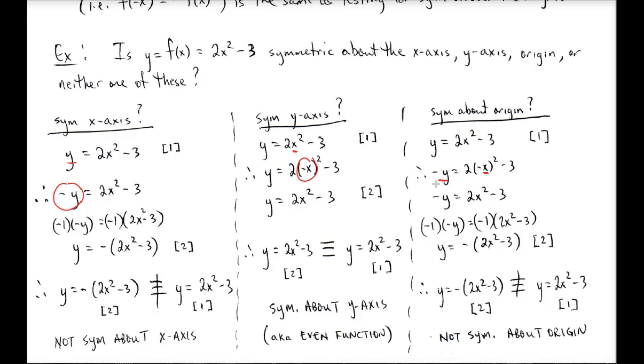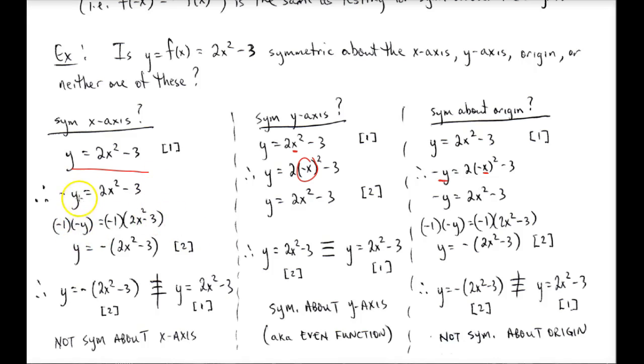And so in either case, our objective here is once we do that replacement or substitution, then what we want to do is solve for y to see if we get our original function back again. And of course, for this first one here, we see that our original function was just y equals 2x squared minus 3.